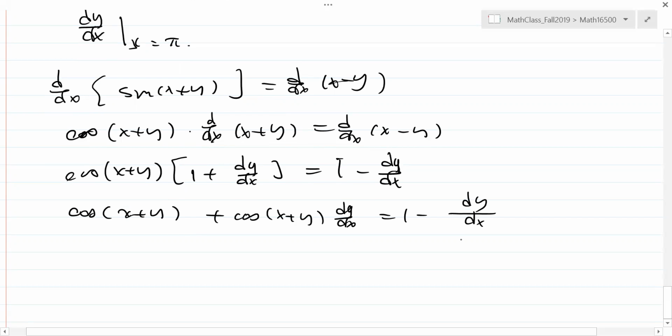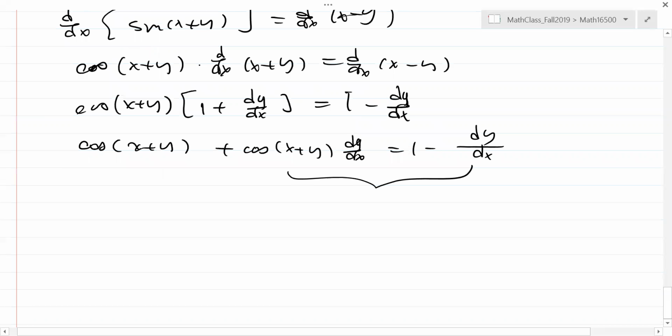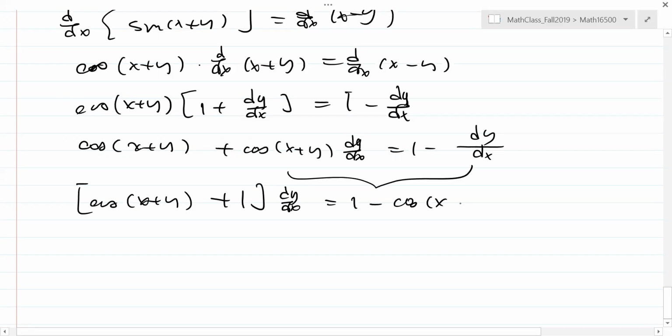I have those two terms: cosine of x plus y times (1 plus the derivative) equals 1 minus the derivative. Then you solve for the derivative.